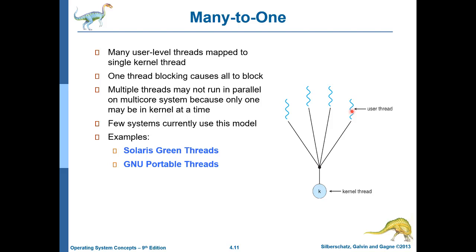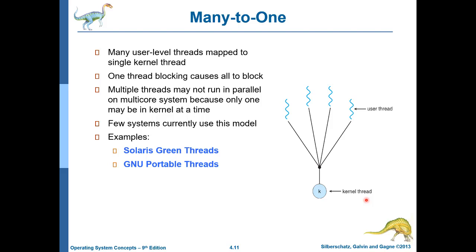So this is the example of the first type of multi-threading support, many-to-one. What you see here is that you can have many user threads which communicate with only one kernel thread. What does that mean?